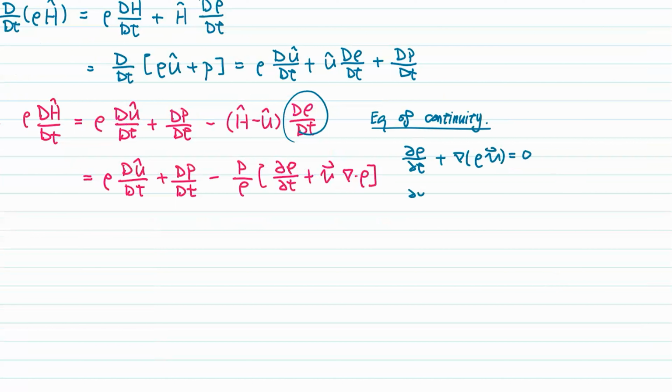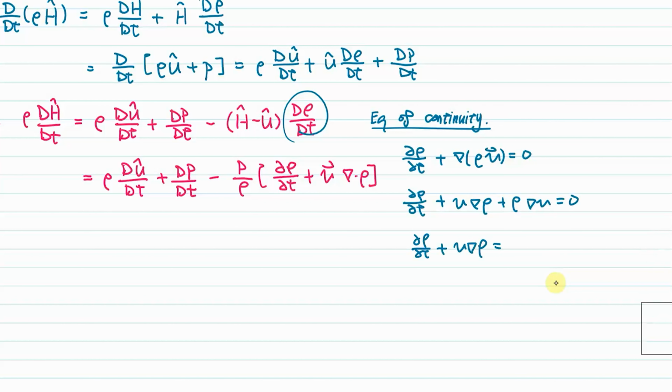So that means partial rho partial t plus v gradient of rho plus rho gradient of v equals 0. So partial rho partial t plus v gradient of rho equals the substantial derivative of rho, and equals negative rho gradient of v.